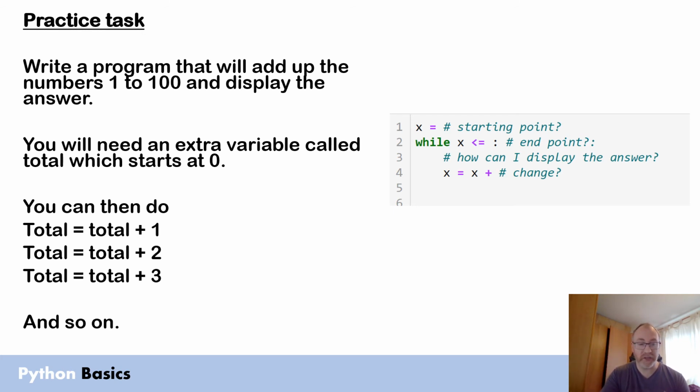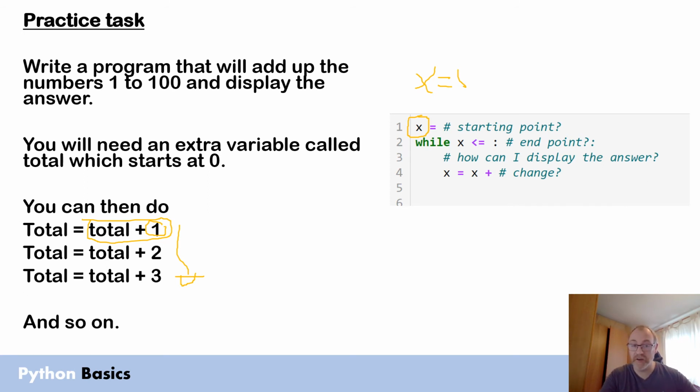And on the screen I've shown you the kind of structure for that. So you're going to have total equals total plus something. Now I've put total plus 1 plus 2 plus 3, but actually notice there is a pattern, and that pattern is going to match your variable in your counter control loop, because x might start off as equal to 1, and then it's going to become 2, then 3.